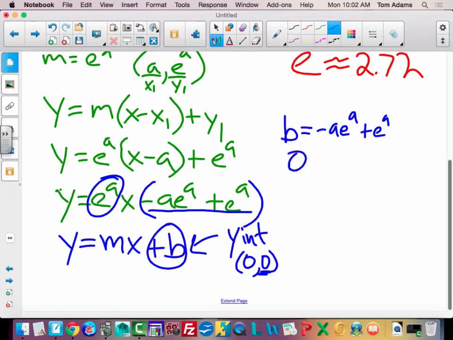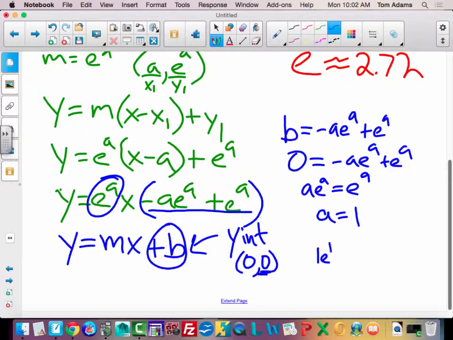So I can plug in the 0 for b and say 0 equals minus a e to the a plus e to the a. Move this over to the other side, and I get a times e to the a is equal to e to the a. Now, we could use natural log and stuff to solve for this, but I can almost guess that a has to equal 1, because that would give me 1 times e to the 1 is equal to e to the 1.